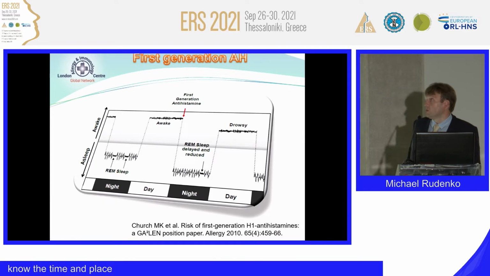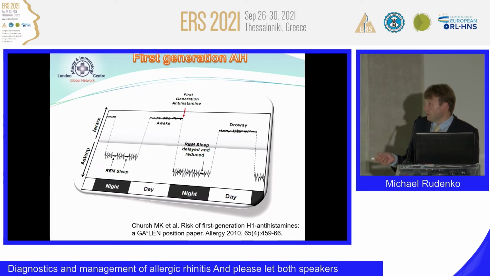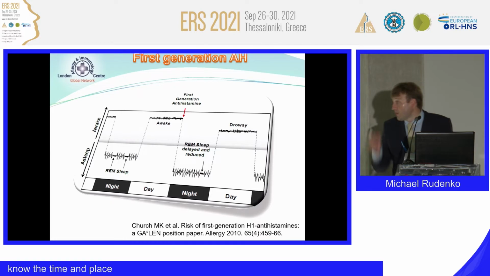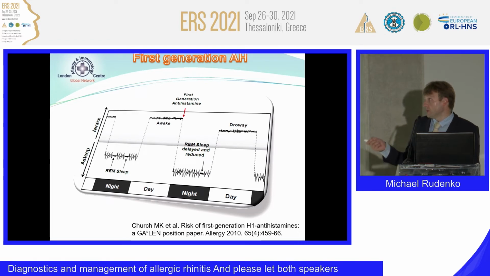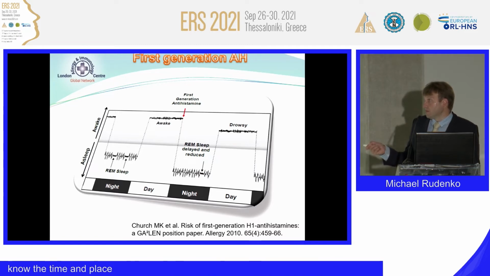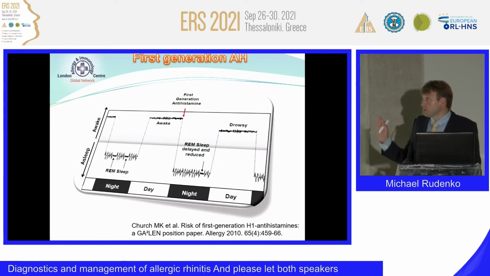Then talking about first generation antihistamines, why it's not a good idea. That's the study from the UK done by Martin Church, when they did an encephalogram, and before giving first generation antihistamine, measured the sleep pattern with the active sleep, REM sleep, and then the person being awake, and showing that everything is pretty good and normal.